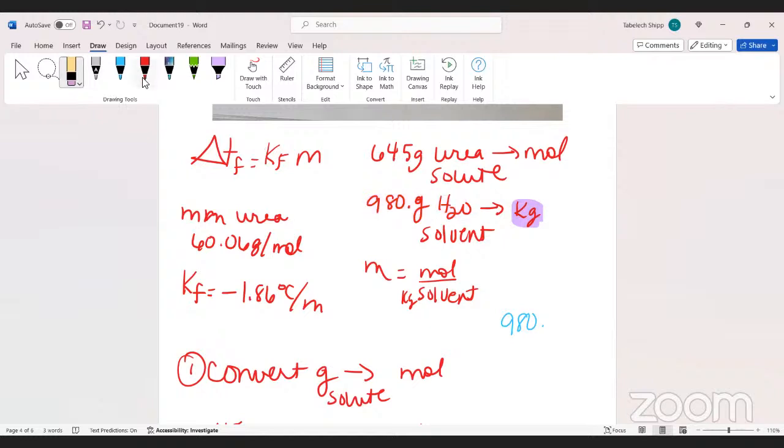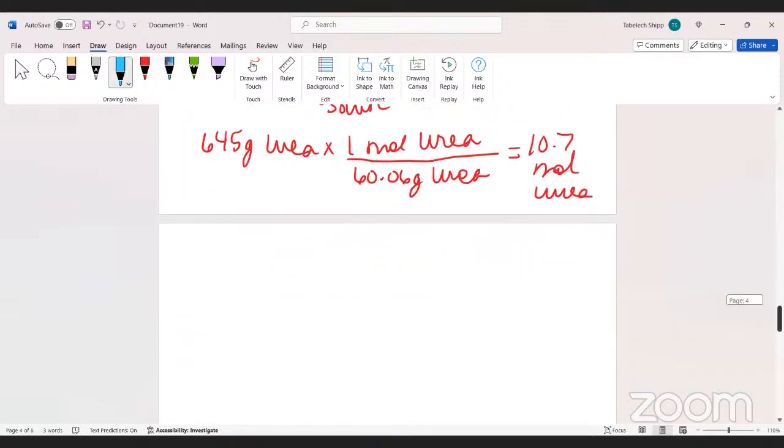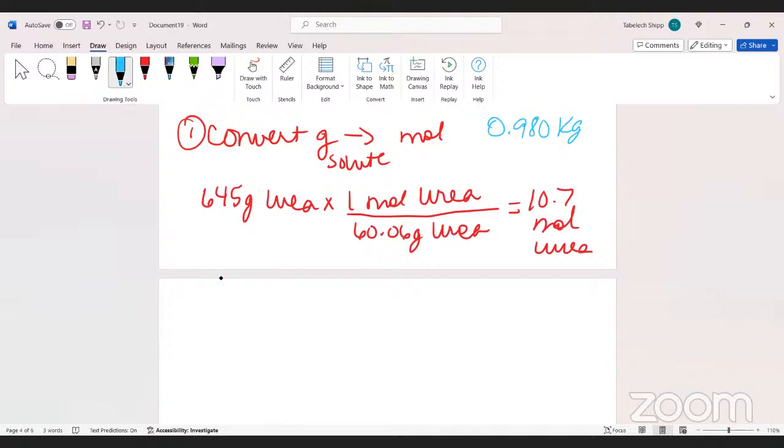That's 1, 2, and 3. So we end up with 0.980 kilograms. That's the solvent that goes on the very bottom. So for step 2, convert the grams to kilograms of your solvent. And we already did that. So now let's go to our formula.